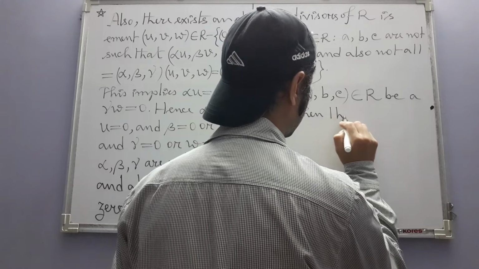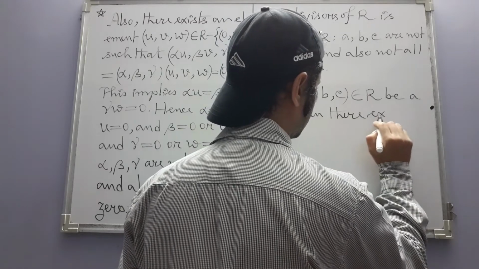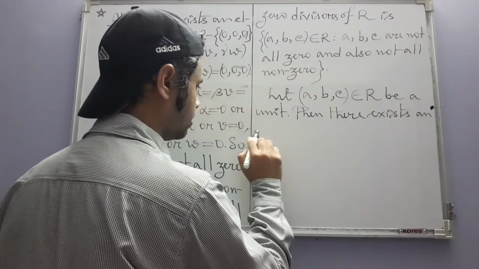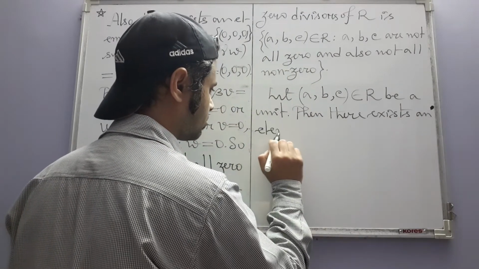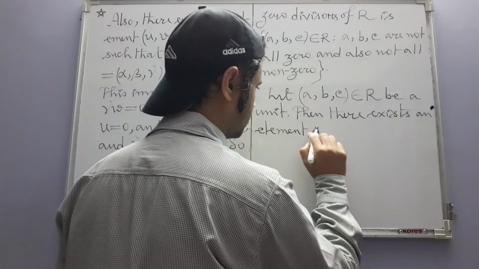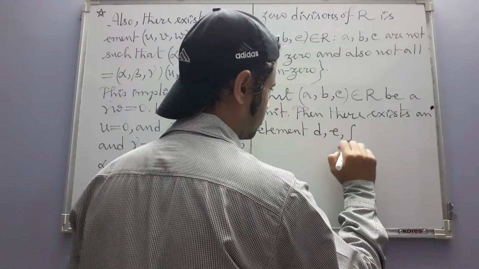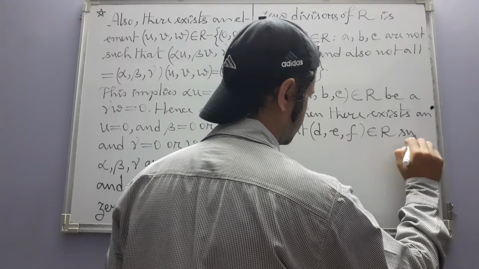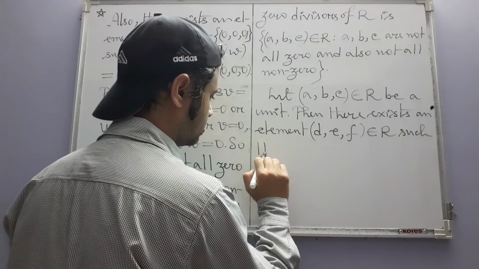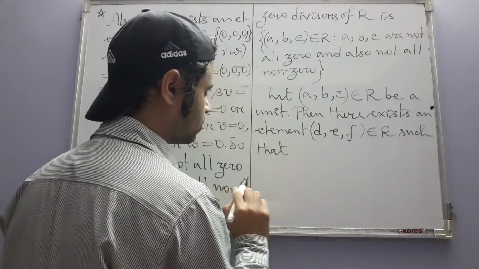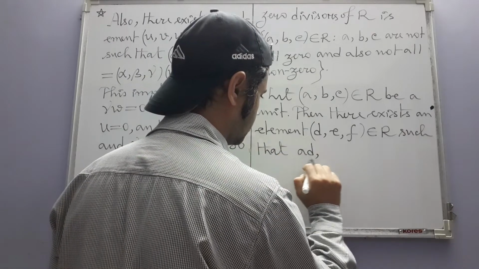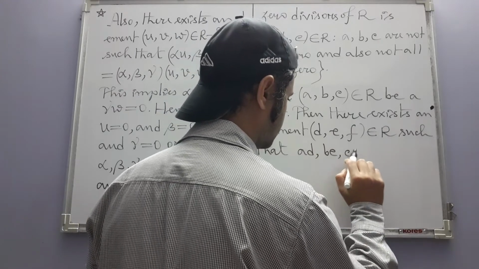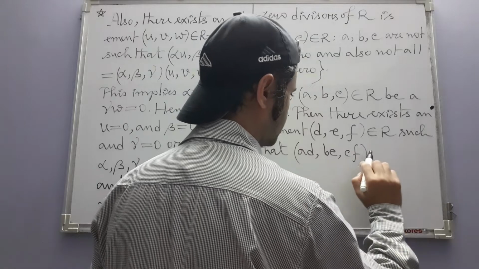Then there exists an element DEF belonging to R such that the product of these two, which if you actually carry out the calculation, the product will be this.